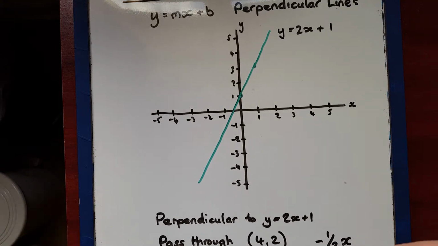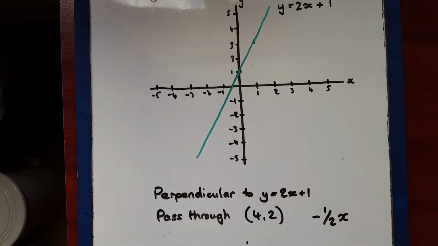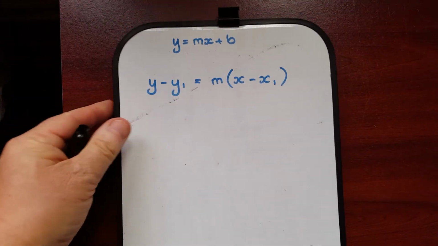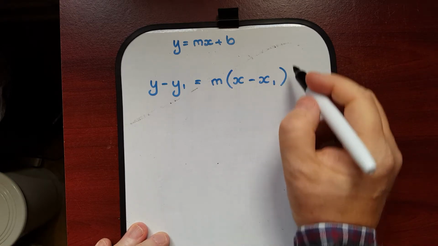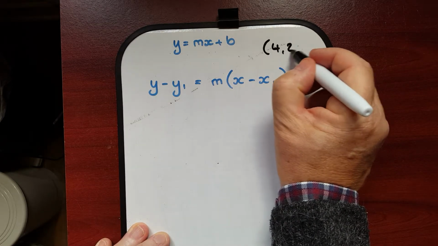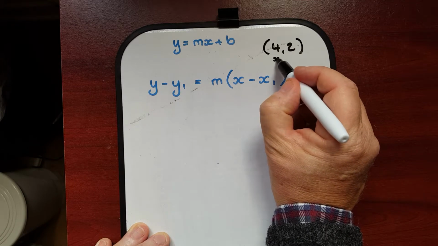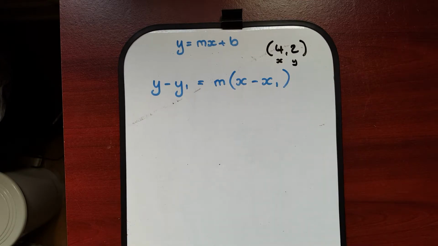So what we're doing now, we've got y equals 2x plus 1. We want a line that's perpendicular to this line, passing through the point 4, 2. If you remember from the parallel line situation, we had this kind of formula. The point that we're talking about is 4, 2, and 4 is the x and 2 is the y. So let's go through our formula now.